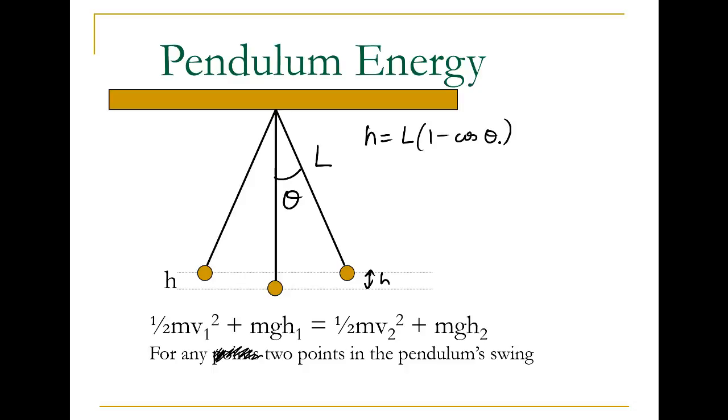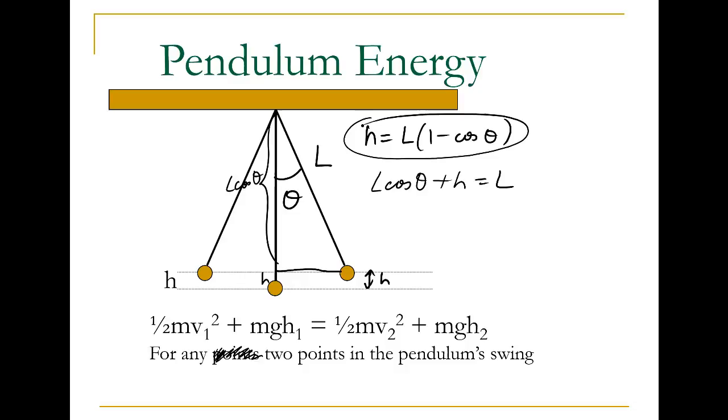And the way that we get to this is by noting that this is L cosine theta, and that this distance right here, this is L cosine theta, this is h, but the entire distance all the way down is L cosine theta plus h, which must be equal to the entire length. We solve this for h and we get L(1 minus cosine theta).